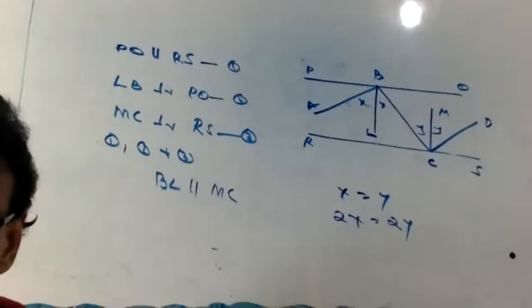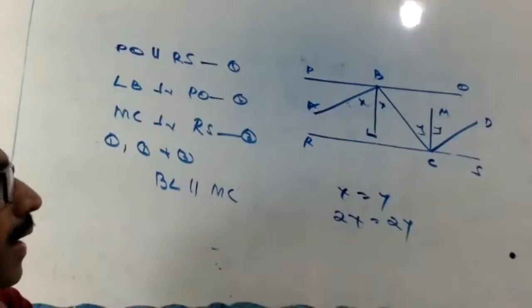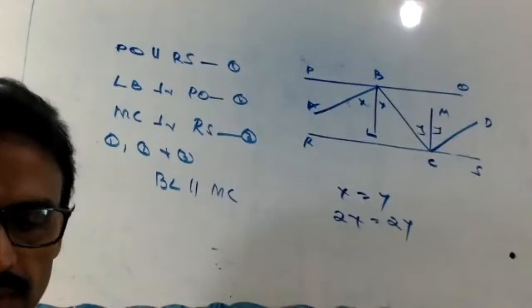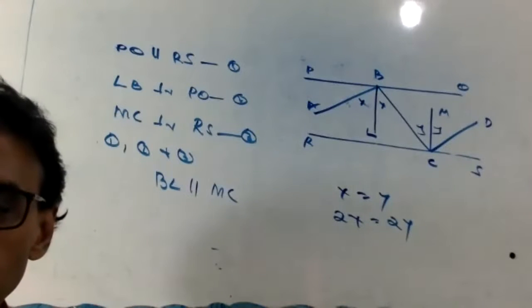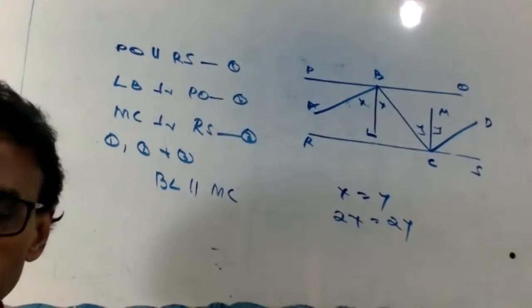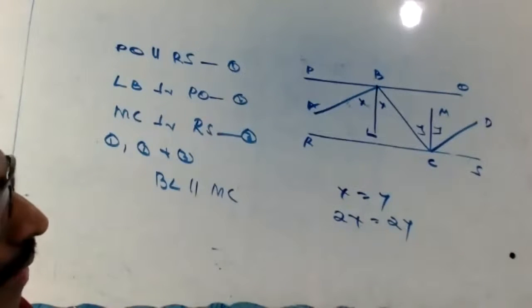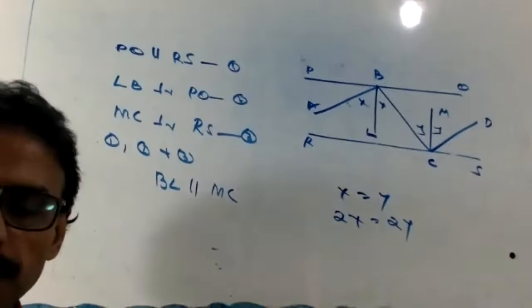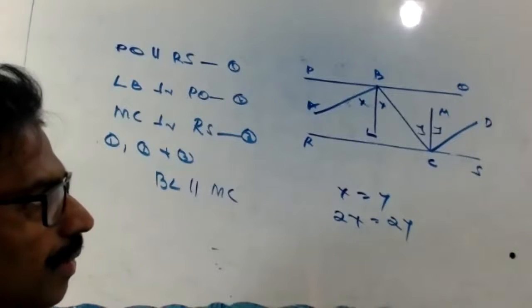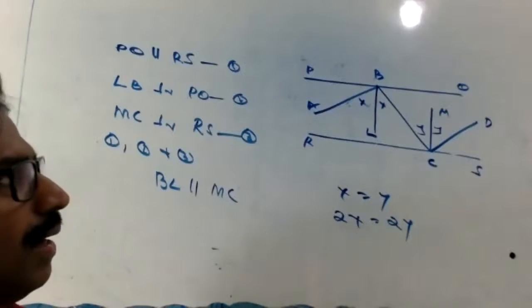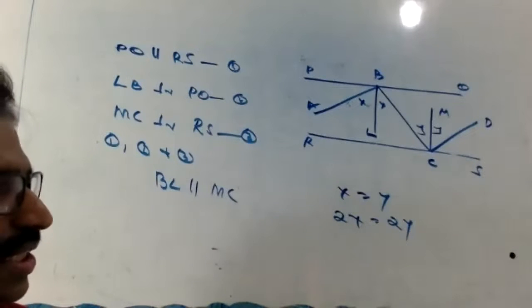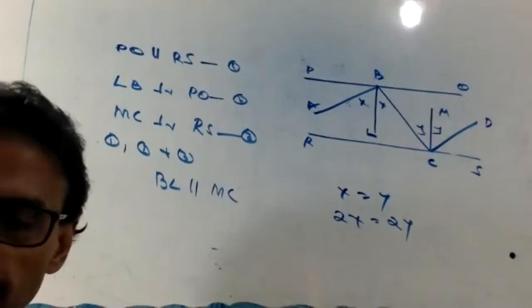Bracket, given. Then BL perpendicular to PQ by construction, number two. Then MC perpendicular to RS by construction.